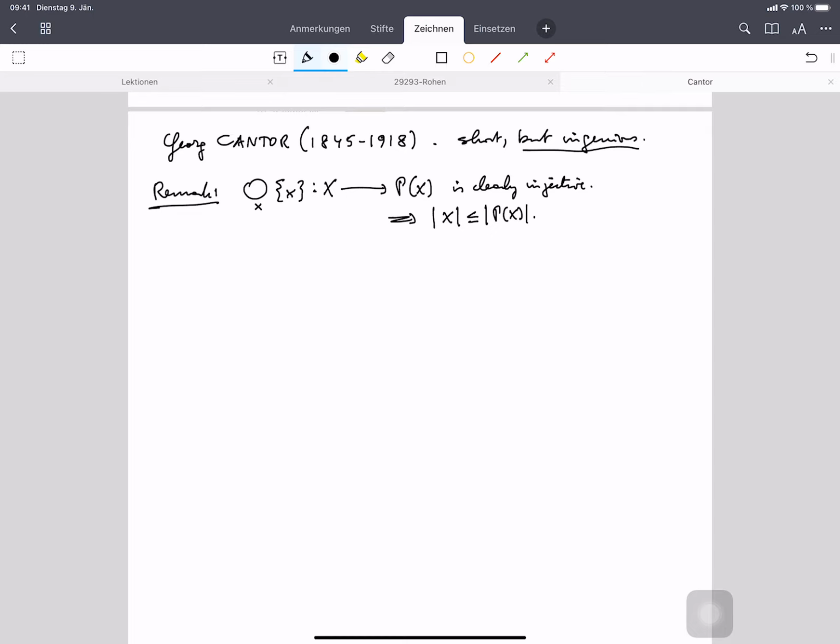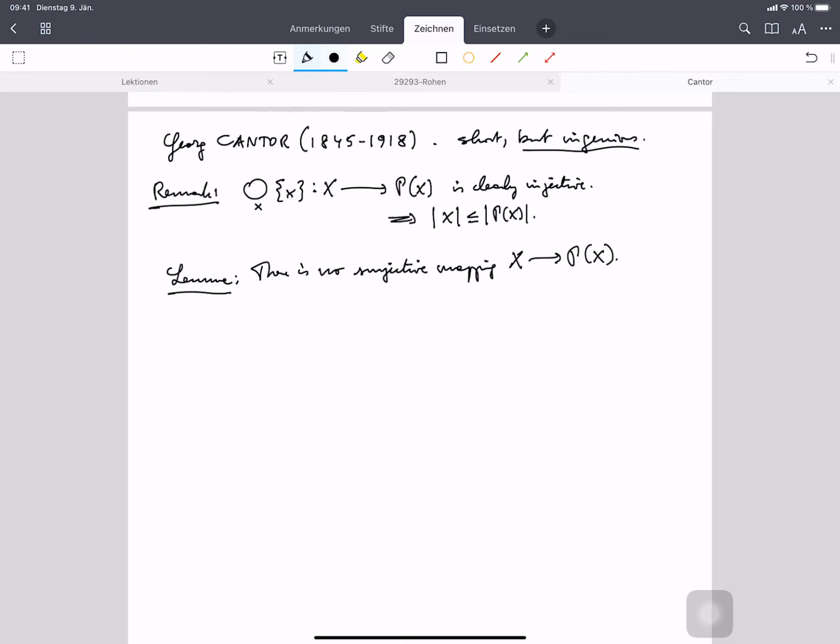Now the fundamental lemma: there is no surjective mapping from X to the power set.